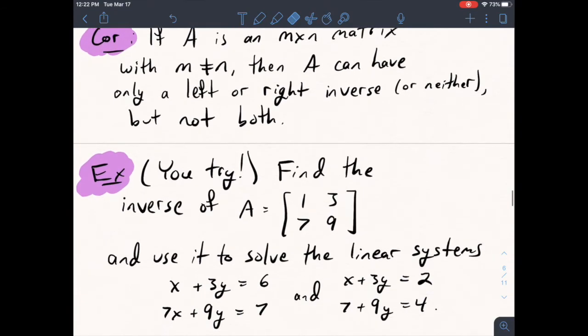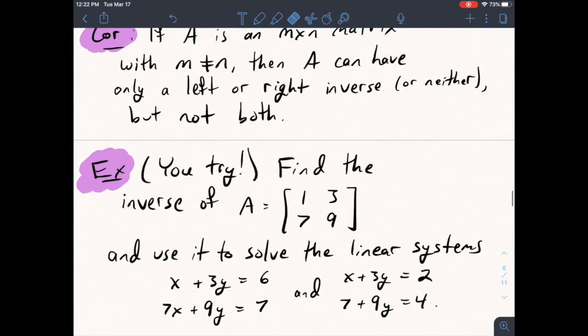Okay, so here's an example. I would prefer you to use this as a time to do this example on your own. Here is a 2 by 2 matrix, 1, 3, 7, 9. I want you to use the above strategy to find the inverse of this matrix and use it to solve the following two linear systems given below.